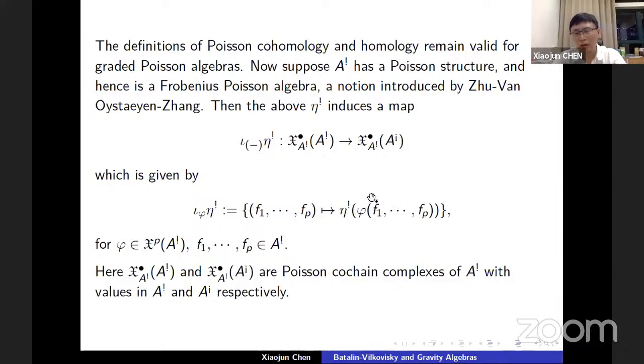You see from here we know that x dot with value in A Schreck itself, and x dot with value in A anti-Schreck are Poisson co-chain complexes of A anti-Schreck, with value in these two modules.